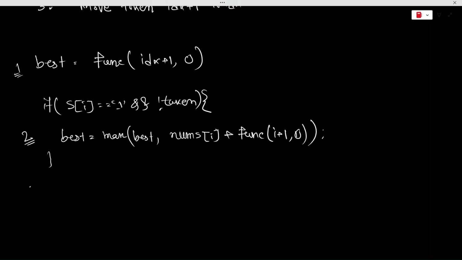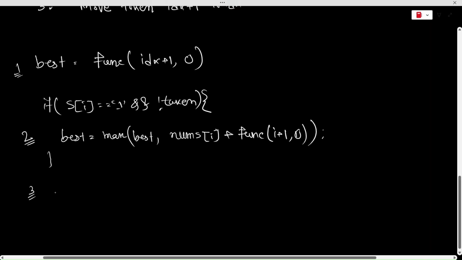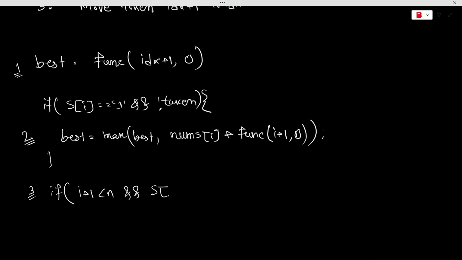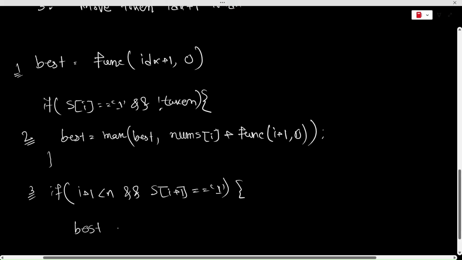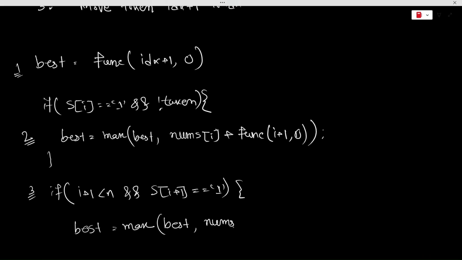Now come to choice 3. Choice 3 is only done if our I plus 1 is lesser than n and s of I plus 1 is 1, right? Then we can do our best as maximum of best, nums of I plus func of I plus 1.